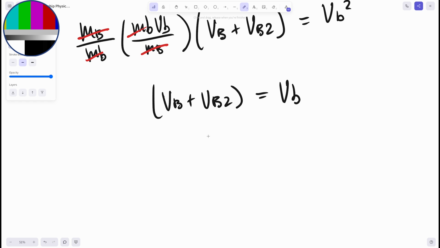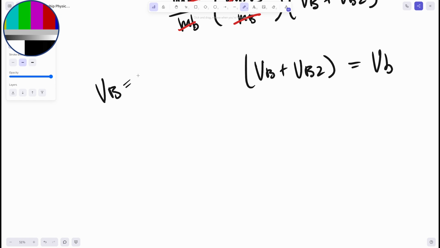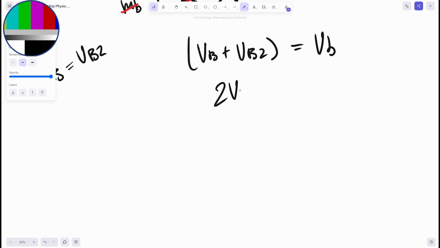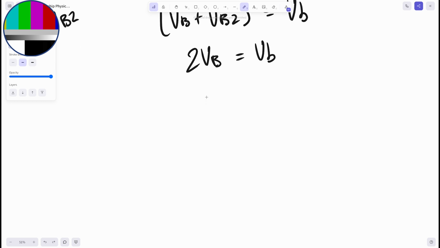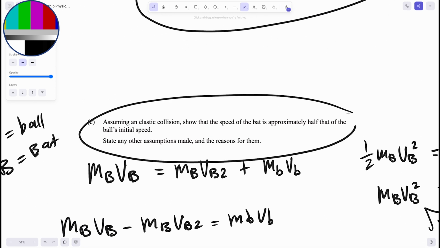You can imagine if you hit a ball with a bat, you can't really feel the ball being slowed down that much. So we can make the assumption that VB is equal to VB2, and therefore 2VB is equal to the velocity of the ball. And therefore the velocity of the bat is equal to half the velocity of the ball, which is what we are trying to find.